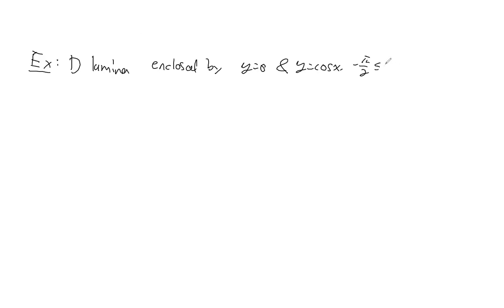So let's do an example of this. Let me pull out the example that I wanted to do. Let's say that D is a lamina enclosed by the curves y equals 0 and y equals cosine of x for x between negative pi over 2 and pi over 2.